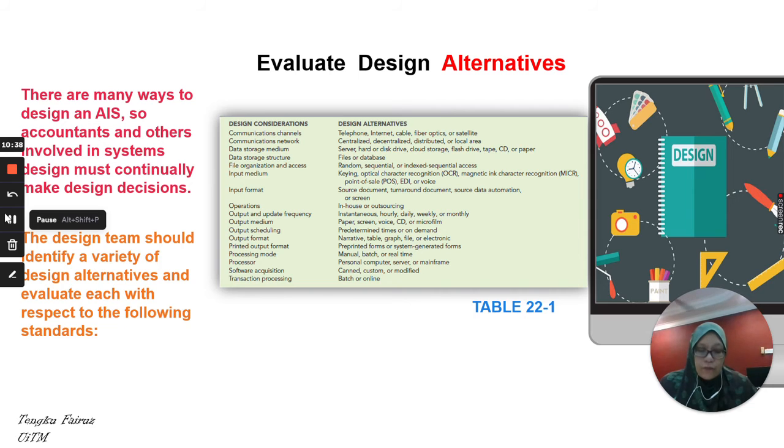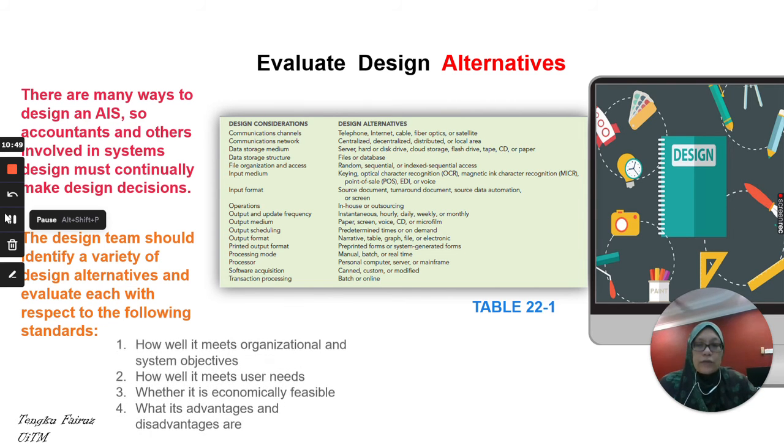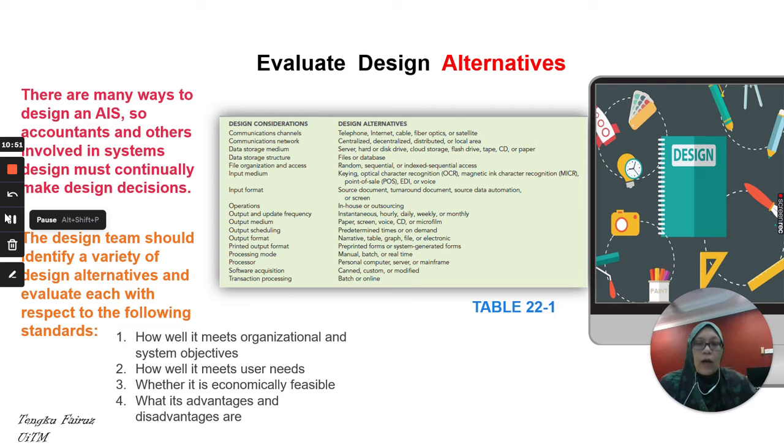So first the team should identify a variety of design alternatives and evaluate each with respect to the following standards. They have 4 standards here. First, how well it meets the organisation and system objectives. If they want to design the alternative, they have to ensure they follow those standards.